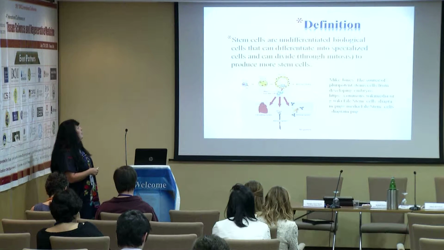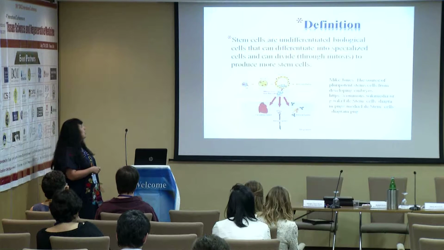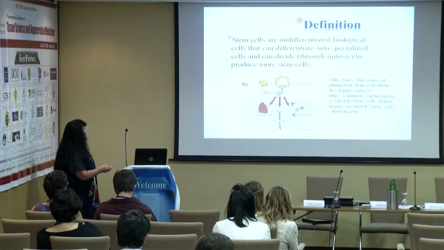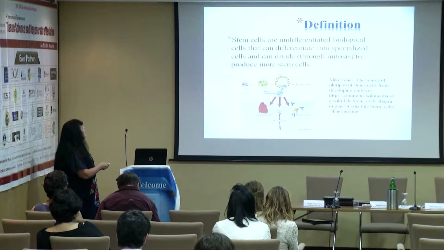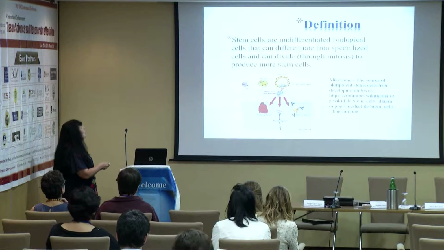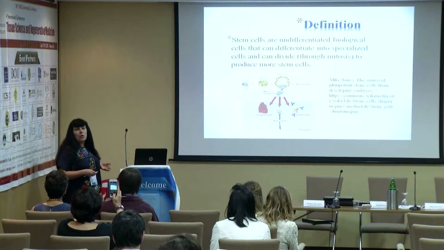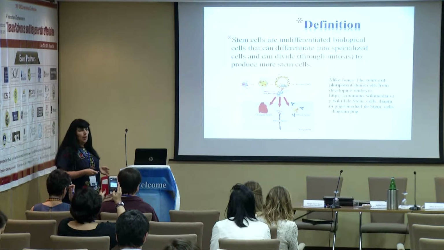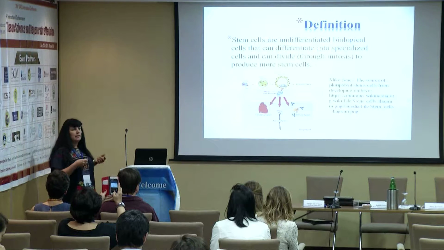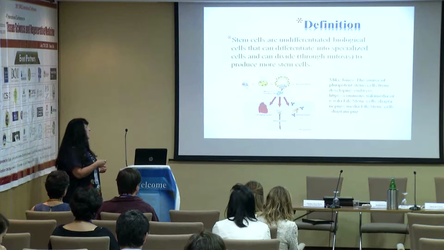As for the definition of stem cells, it's generally known that stem cells are undifferentiated cells which can divide to produce more stem cells, or which can differentiate into practically all cell types: bone cells, vascular cells, skin cells, neurons, and so on.